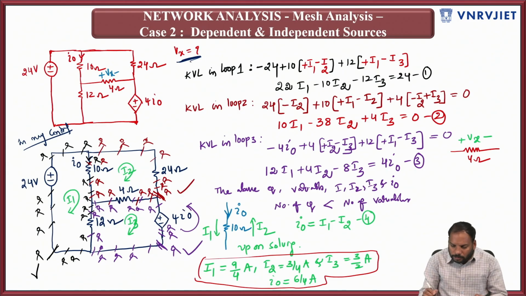Now you take the loop currents. Here I3 is in this direction. If you clearly observe, I3 is in this direction. I2 is coming oppositely to I3. Now you need to calculate the value of Vx, right?